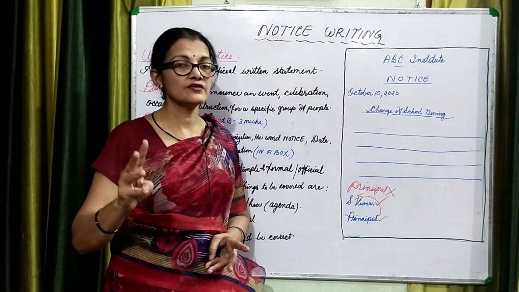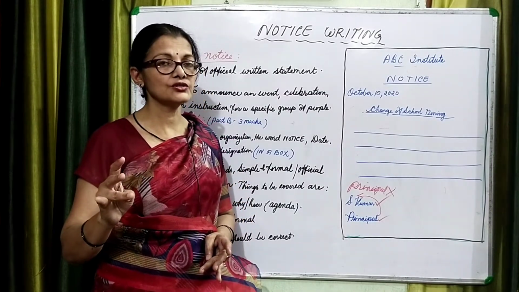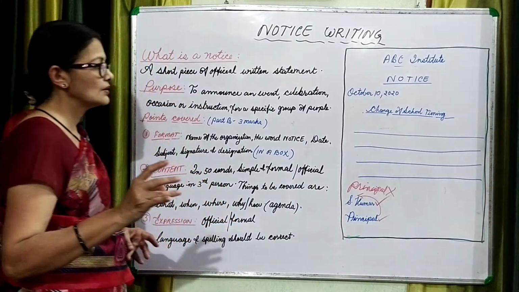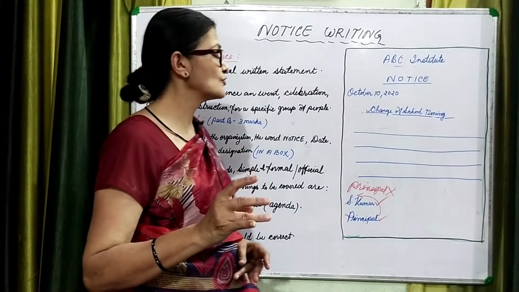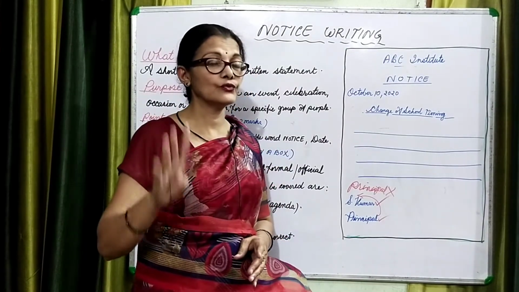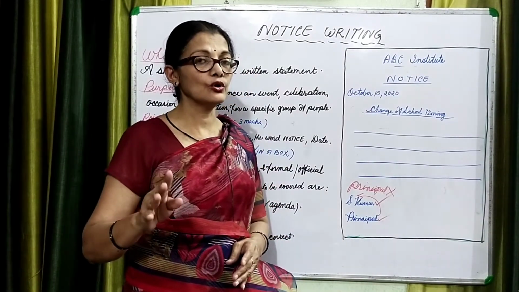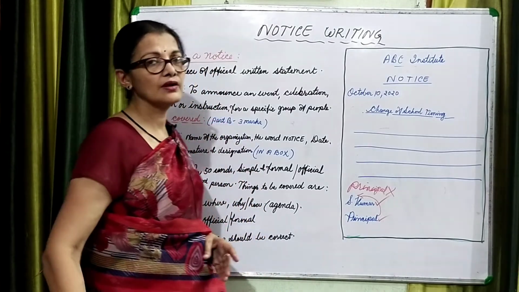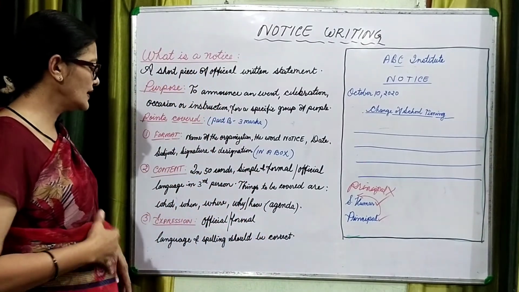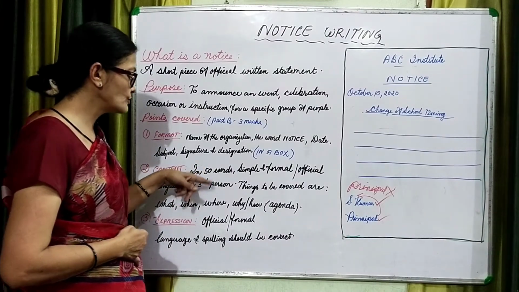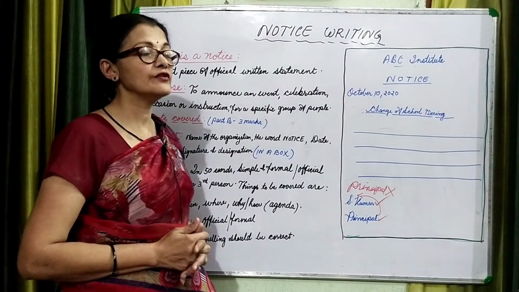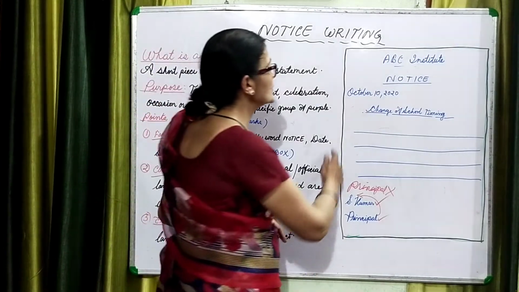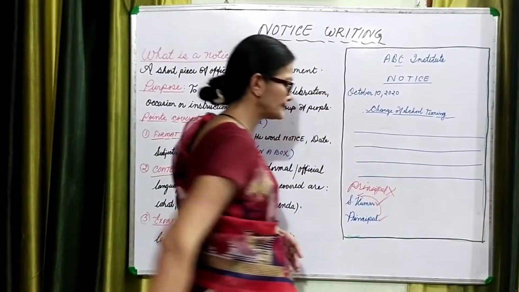That is your notice, your poster, your invitation, and advertisement, classified advertisement. All these 4 things are part of your short writing, in the writing section, and they should be in 50 words. That's why we call it very short writing, and these have to be in a box.